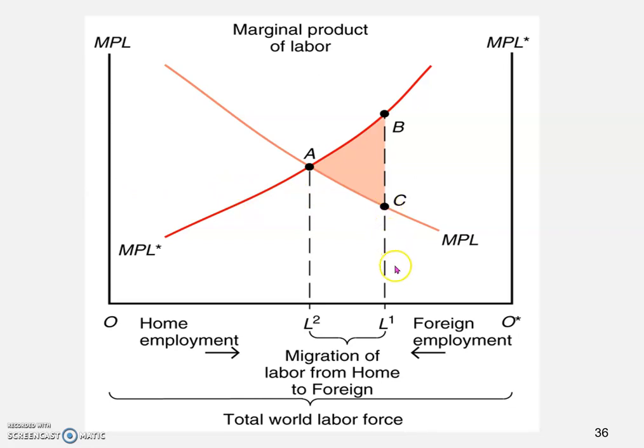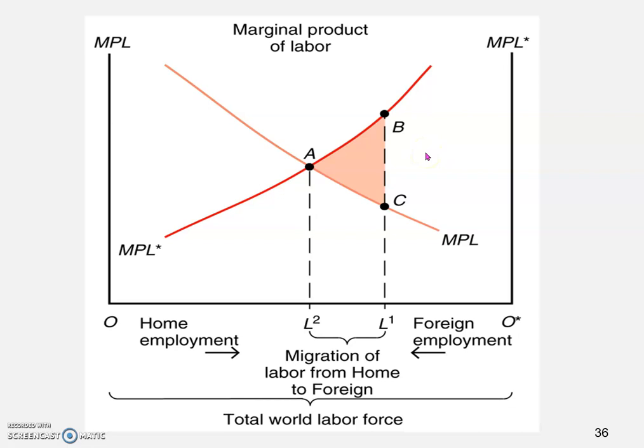And if you want to find the real wage in foreign, again starting from L1, go all the way up and hit foreign's MPL star curve, and you find point B. You go to the right axis, and that's the real wage in foreign. Apparently, the real wage in foreign is higher than that in home.